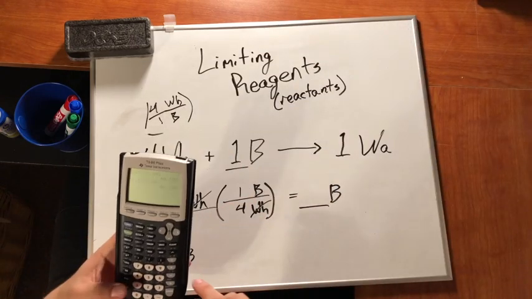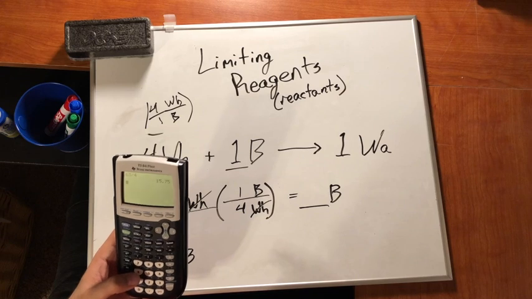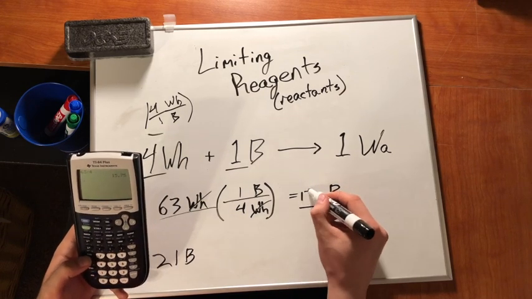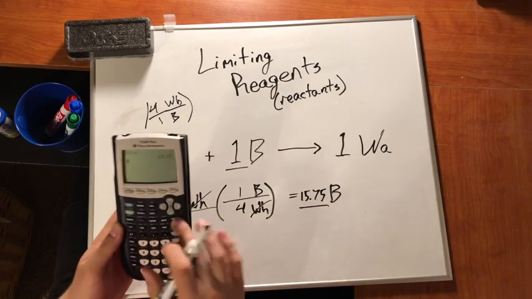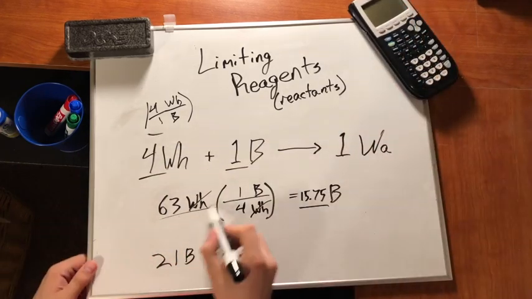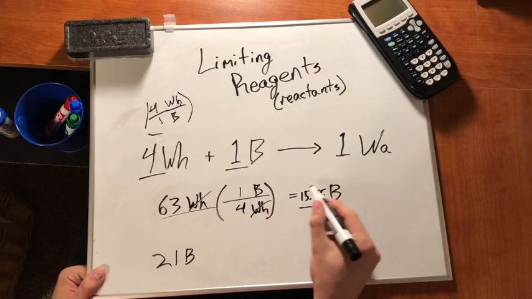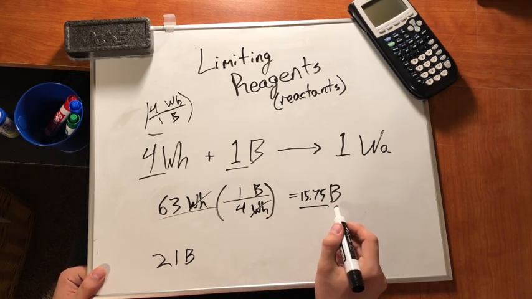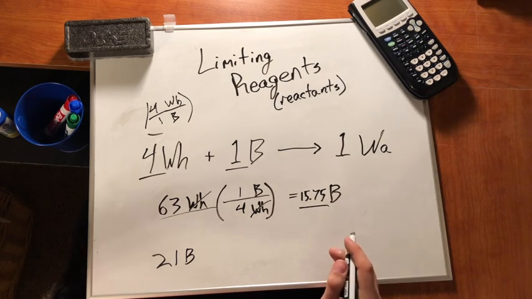So if I do that on my calculator, this is not going to come out even, but it'll give me an idea. 15.75. So the idea is, if I'm going to use all of these wheels, I need 15.75 bodies in order to use it. And really, it would probably just be 15, meaning we would have 3 wheels left over.